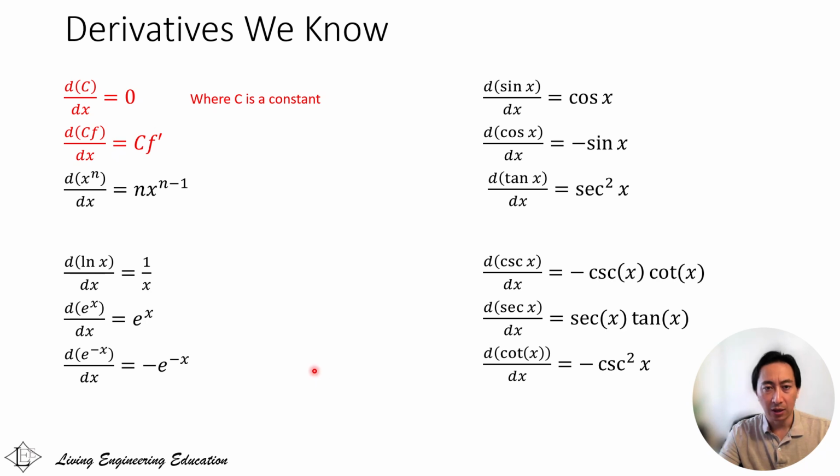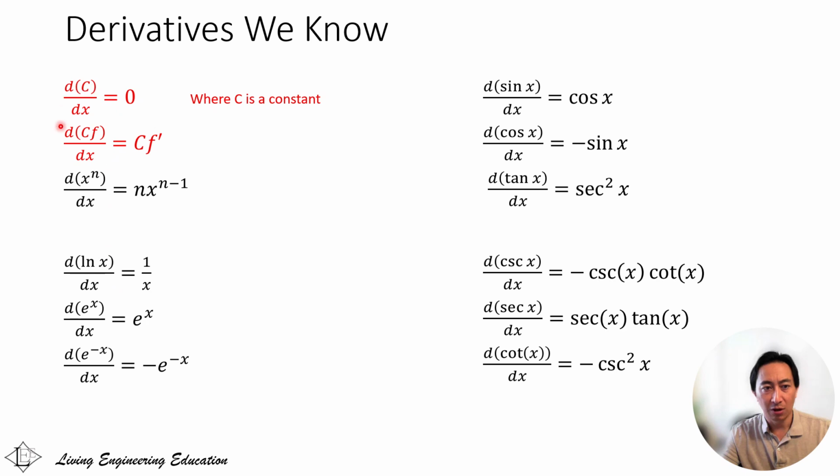So again, the past few videos we learned these derivatives, right? Here we have our trig derivative functions. Here we have our polynomial derivative. And here we have our natural log and natural number, e to the x, e to the negative x derivatives.